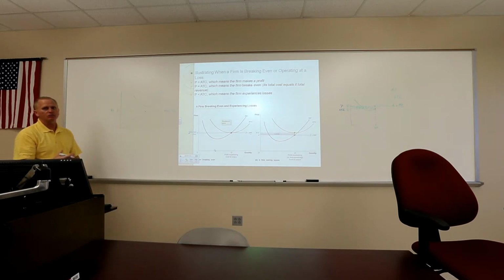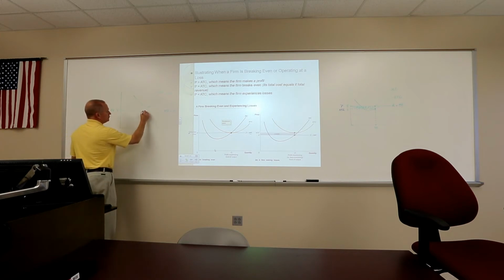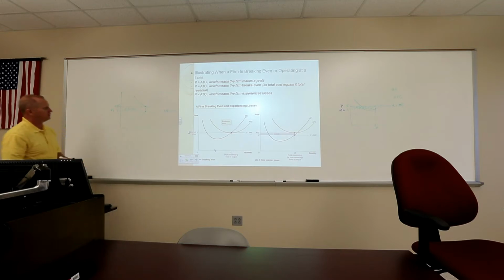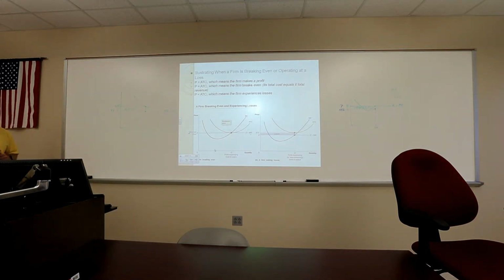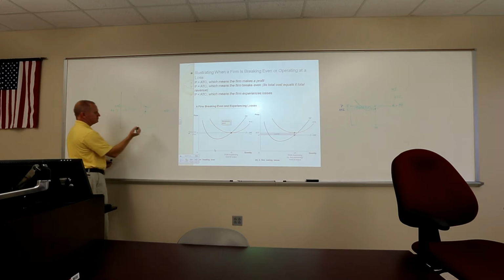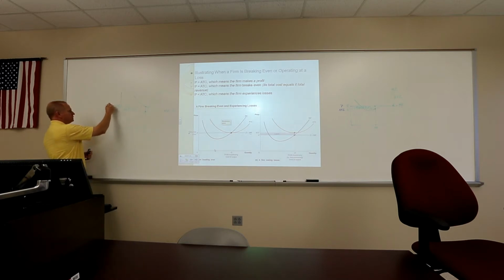That's what you have to know. And then you go straight up to where it touches the average total cost curve, and over. This amount would be the loss, since the average total cost is greater than the price. And that rectangle would be calculated the same way: length times width. Whatever this would be, if that was 10 and this was 10 up here, your loss would be 20 in this case.